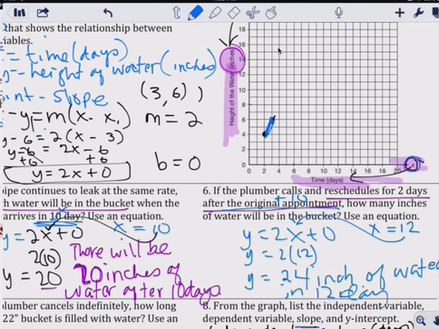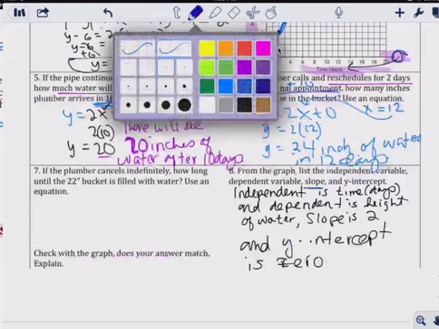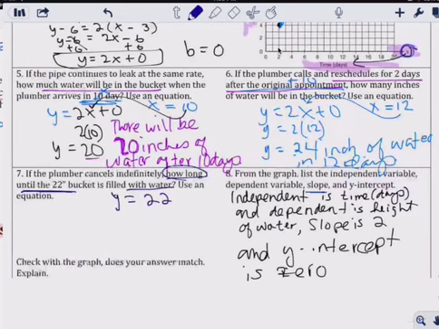Okay, if the plumber cancels the bucket indefinitely, how long until the 22 inches be filled with water? Okay, so 22 inch. The 22 inch is y. Y is 22 inch of water. Okay, so we got y equals 2x plus 0.